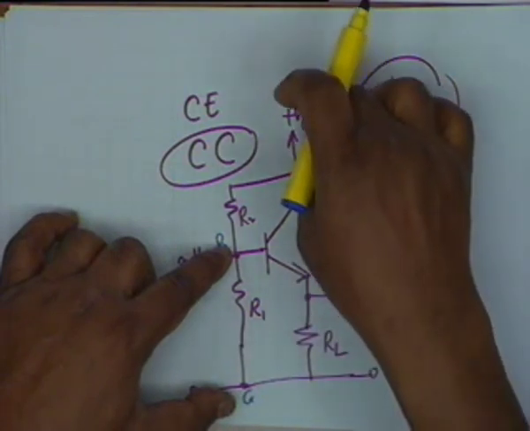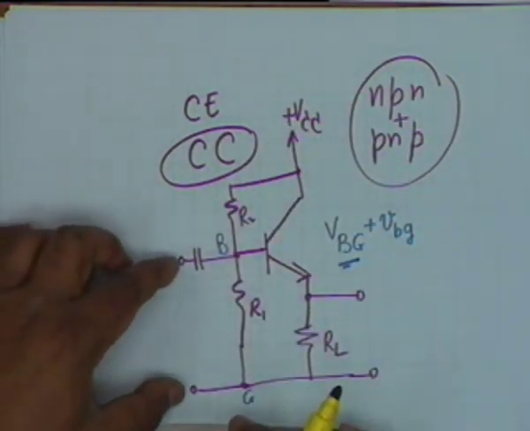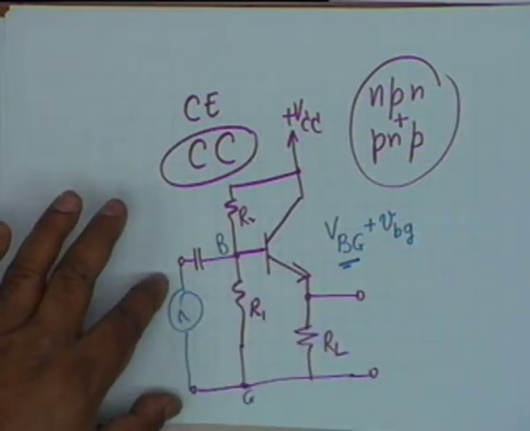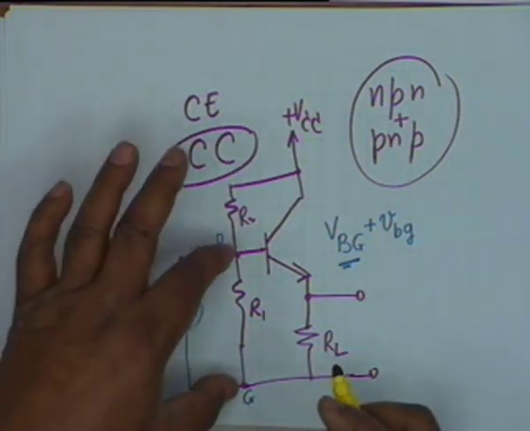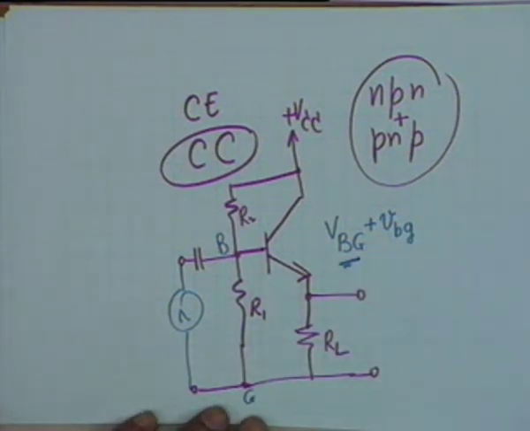One is prescribed by VCC R1 and R2, and the other is the voltage that comes from the input signal. Alright. It is important that you understand what I am writing. The total voltage here is the sum of an AC part and a DC part.